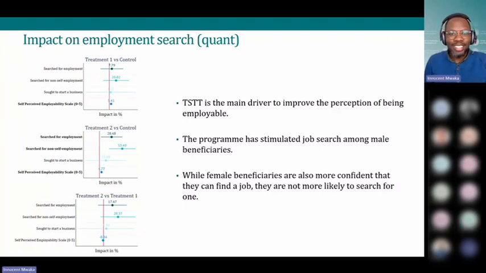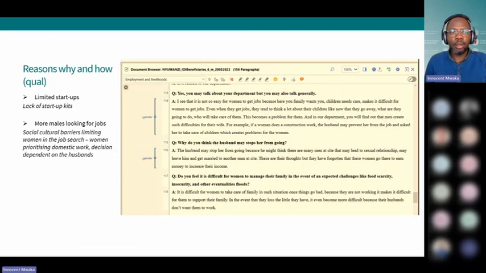Okay, now it's gone. Yeah, so it increased the job search, especially for the male beneficiaries. And again, there were some questions that couldn't be answered from the quantitative data alone, and the qualitative component looked into the material that they have.